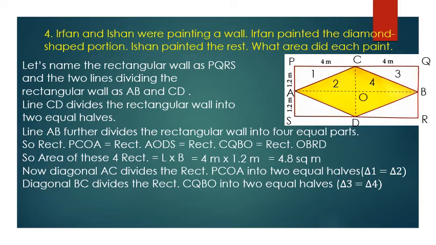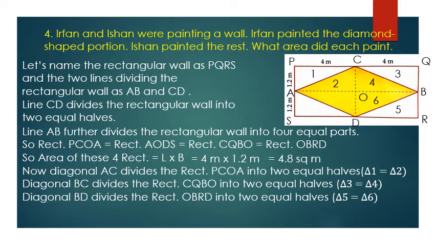Diagonal BC divides the rectangle CQBO into two equal halves, which is triangle 3 and triangle 4, and triangle 3 is equal to triangle 4.